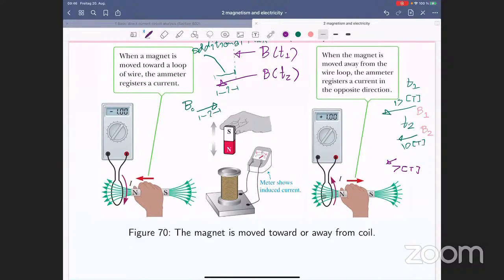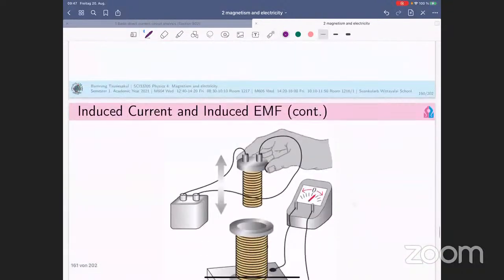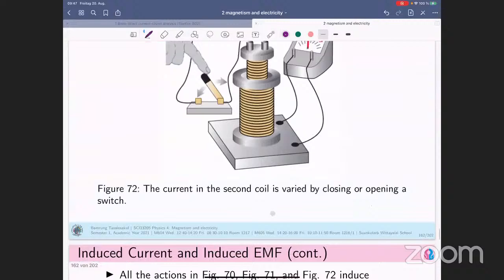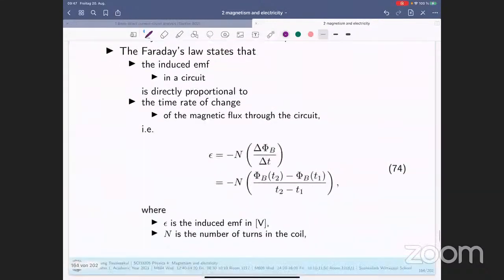When the magnetic field is lower, the current will be induced in such a way that the magnetic field becomes higher. It tries to be against the change of the magnetic flux, so being against anything is denoted by the negative sign here.